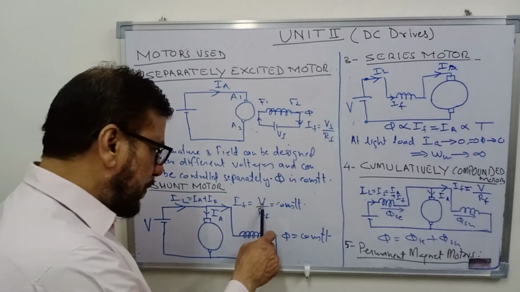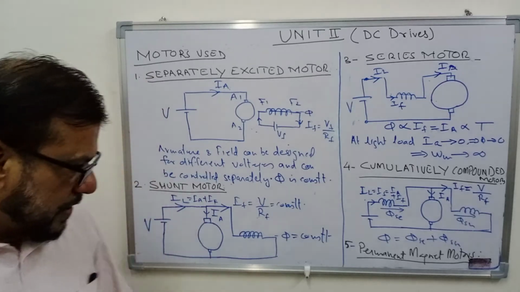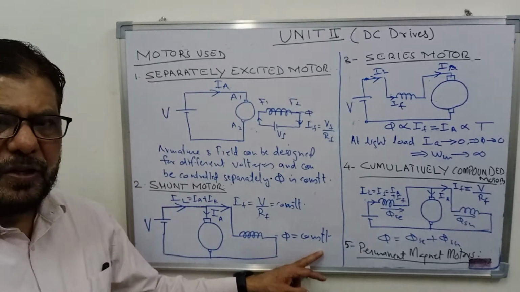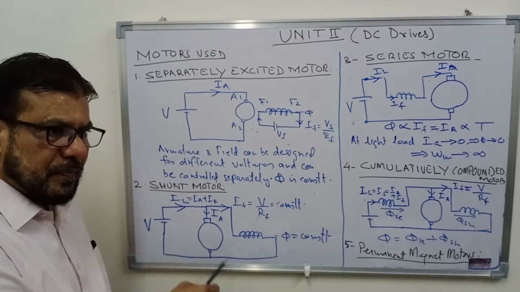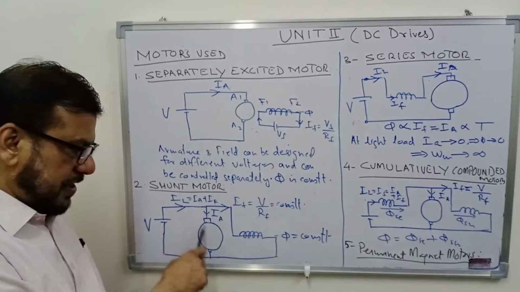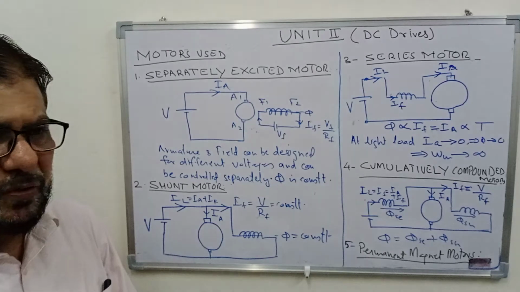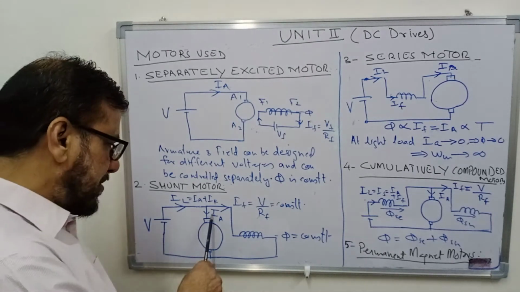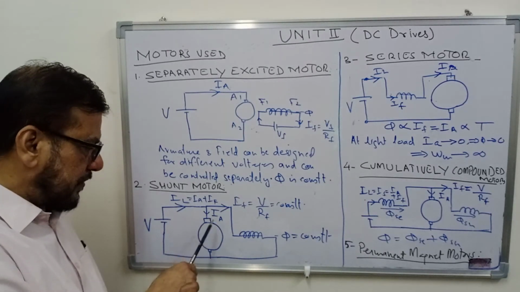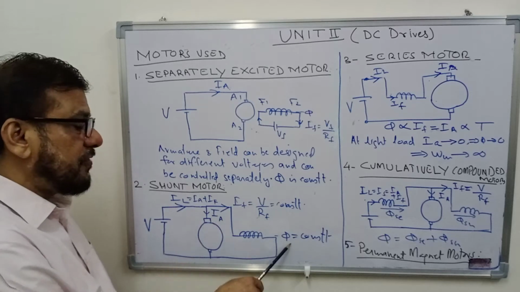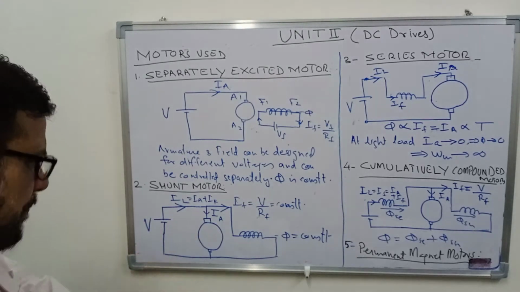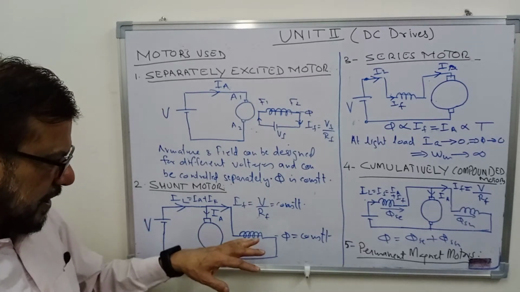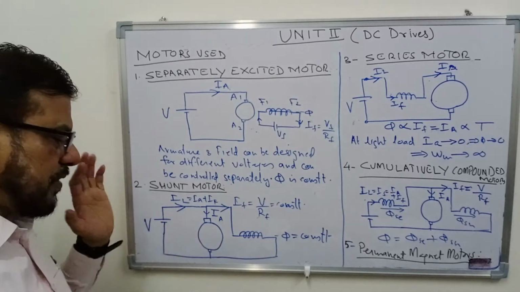But at a constant voltage, this will remain constant, and the flux will also remain constant irrespective of the load on the motor. If the load varies, the armature current will vary. Armature current depends on torque on the motor. So as the load varies, Ia will vary, but the flux will remain constant. So here you can say that separate control of field and armature is not possible.